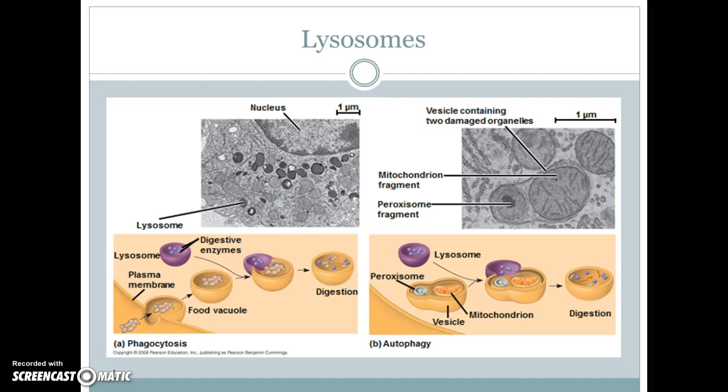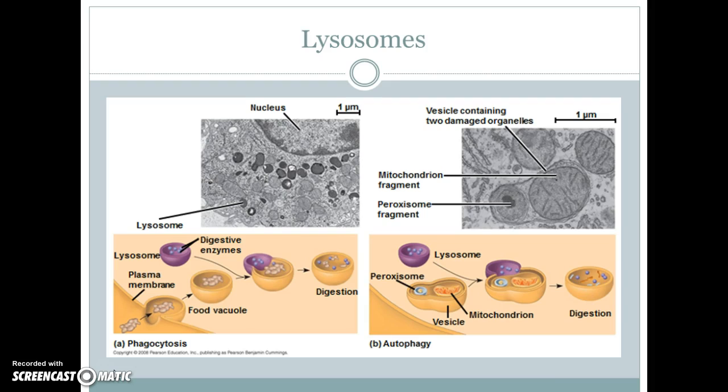The next component are the lysosomes. Lysosomes are quite small but are very powerful. Lysosomes are membranes of enzymes that can digest macromolecules, or nutrients: the proteins, the fats, the polysaccharides, even nucleic acids, DNA and RNA.